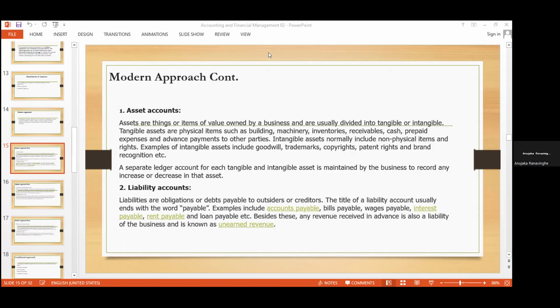Liabilities are obligations or debts payable to outsiders or creditors. The title of a liability account usually ends with the word payable.